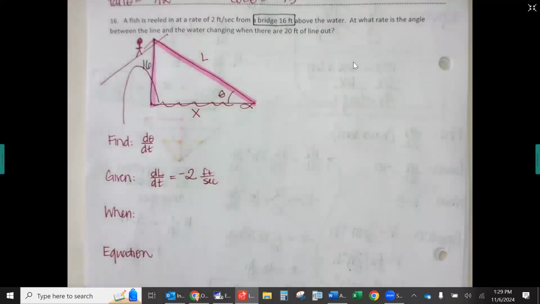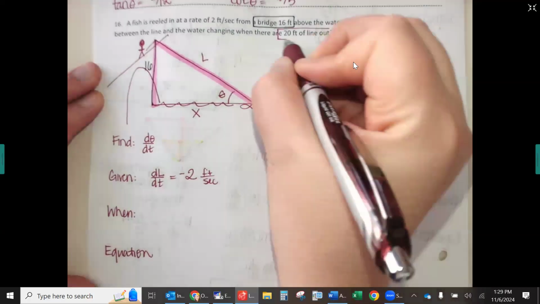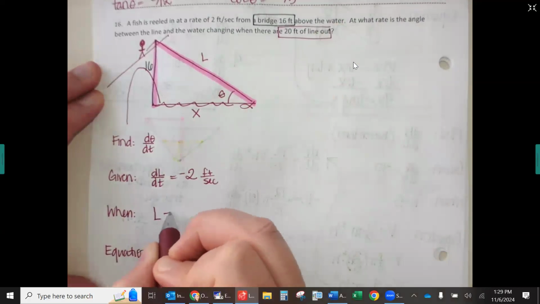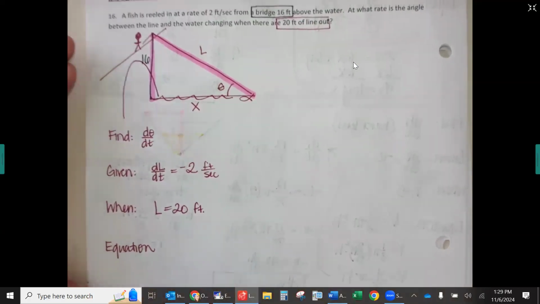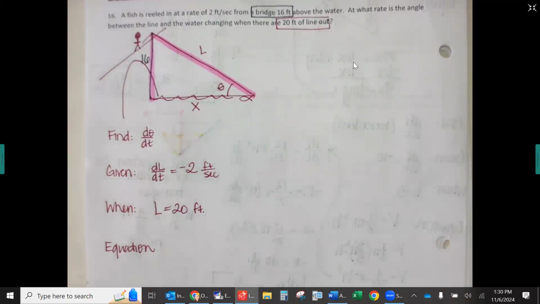So it says, at what rate is the angle between the line and the water changing when there are 20 feet of line out? That means that my line needs to equal 20 feet. Okay, from here, your equation is going to come from you picking either SOH, CAH, or TOA. But you want to pick the sides that you know stuff about.